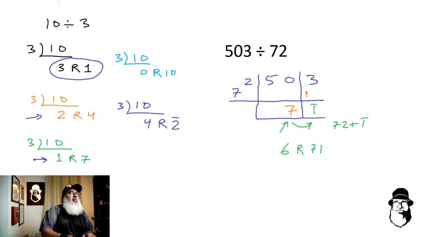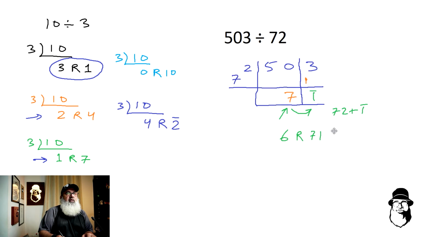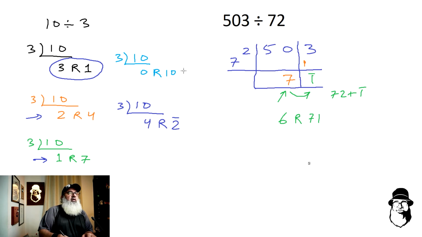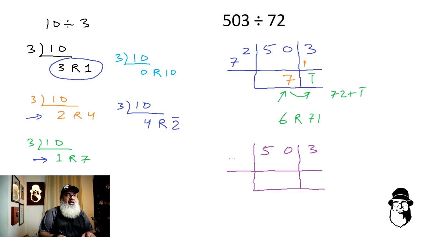Another way of doing this, avoiding the bar number in the remainder, is we look ahead of time and see if the division and subtraction is possible. If it is not, we can adjust. So we have 72 here like before.